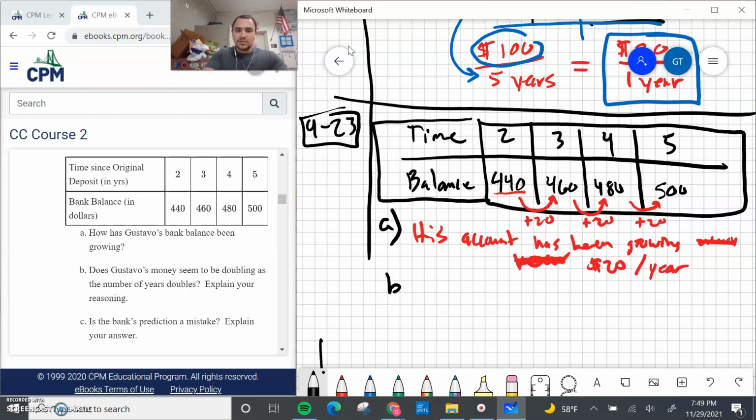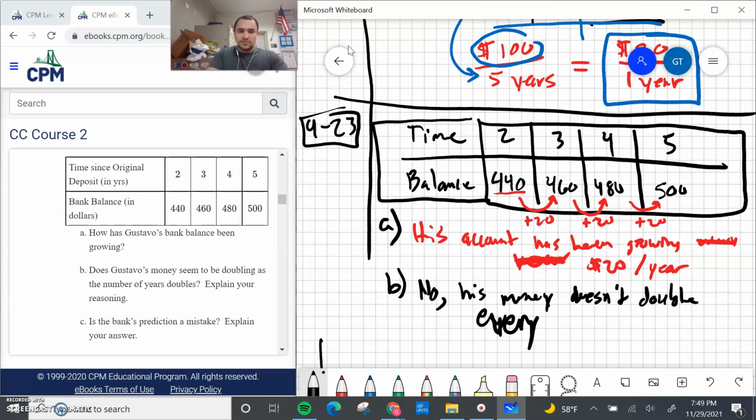So for B, no. His money doesn't double every time the years double. I was trying to figure out how to say that, but I apologize.